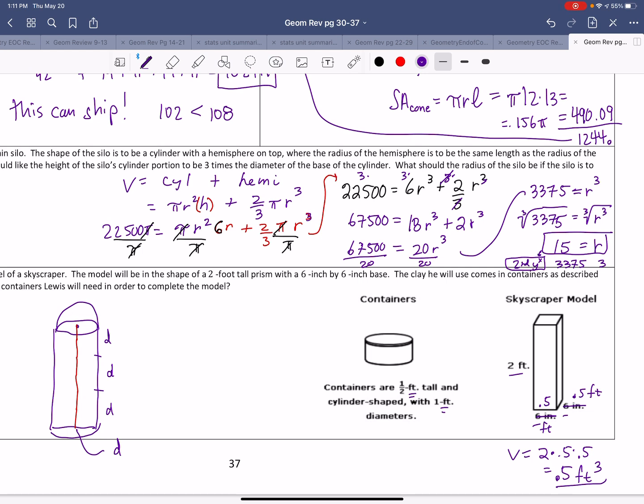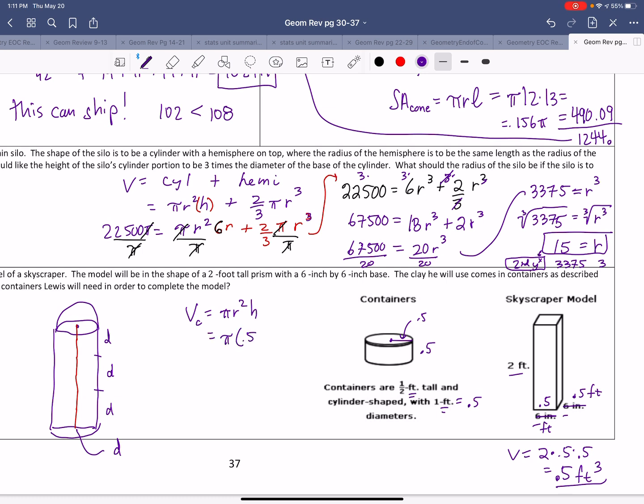So let's find out how many of those are in this container. So containers are a 1/2 foot tall, so that's 0.5. And the cylinder shaped with 1 foot diameter. So that means the radius is 0.5. Okay. So the volume of my cylinder is the area of my base times my height.